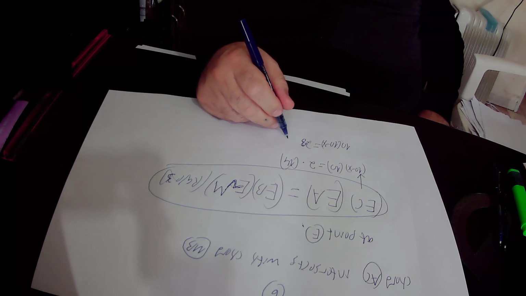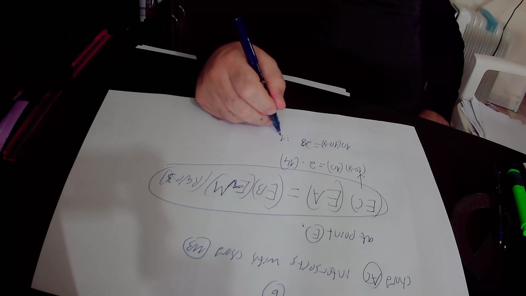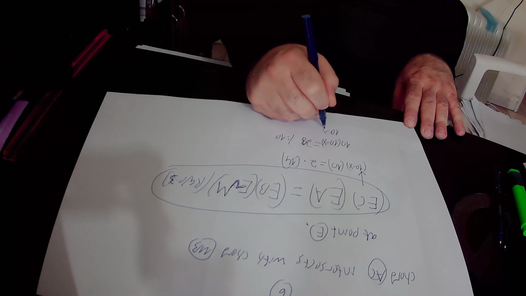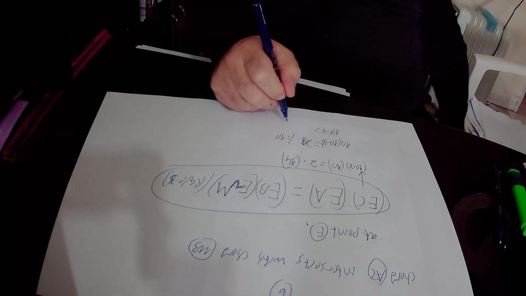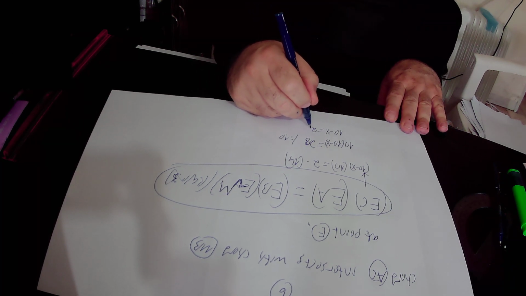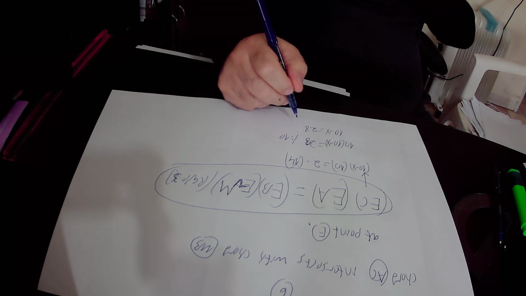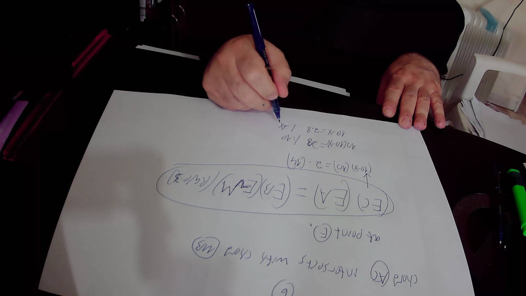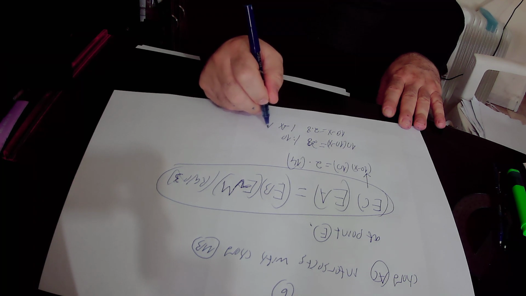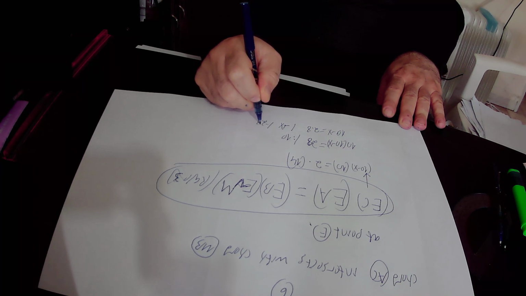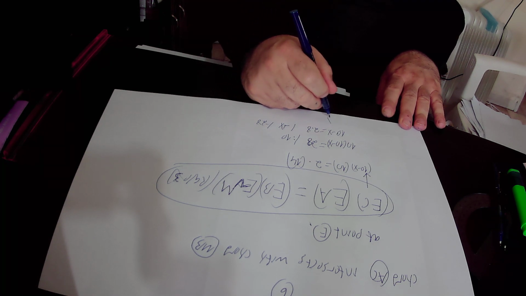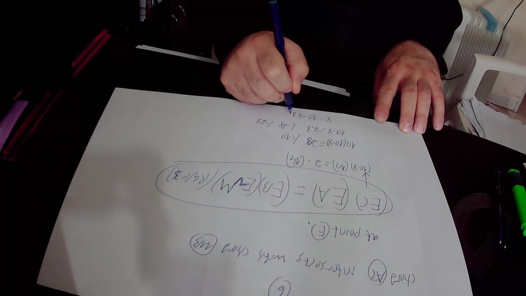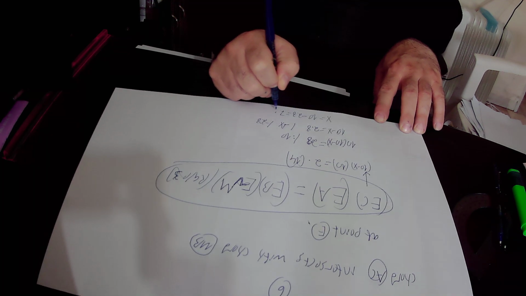Here we divide this equation by 10, and we get that 10 minus x equals 28 over 10, which is 2.8. Here we will add x to this equation, and we will subtract 2.8, and we will get that x equals 10 minus 2.8, that is 7.2 units.